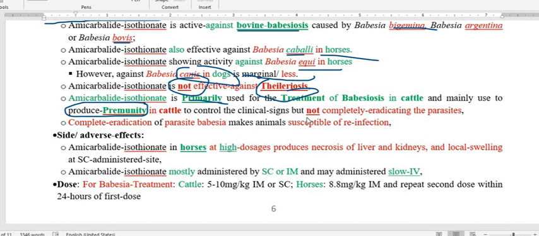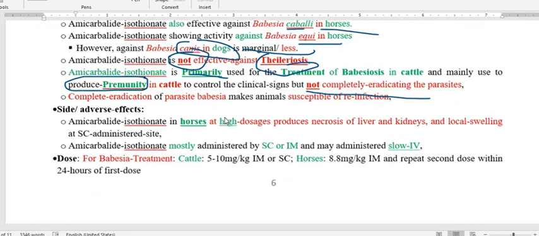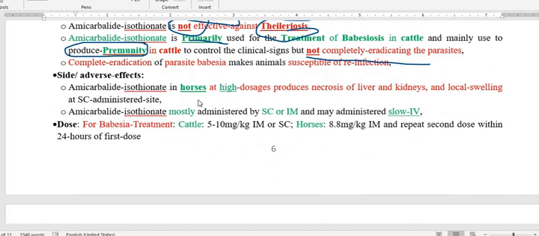So when the temperature is at peak, at that time we have to administer this amicarbalide isethionate. Therefore, this amicarbalide is not going to eradicate the parasite completely. Some of the parasites remain present in the host, and that number of parasites is going to produce the immunity. Therefore, this is called pre-immunity.